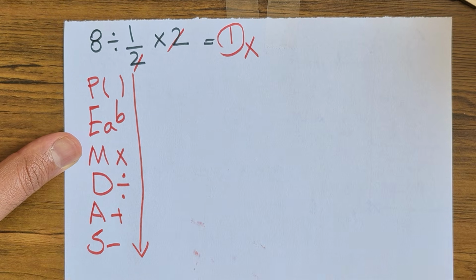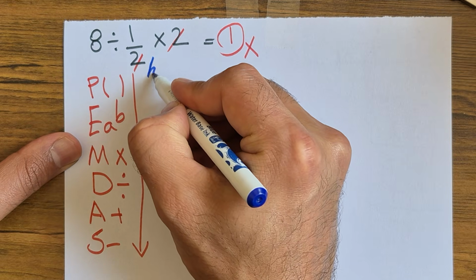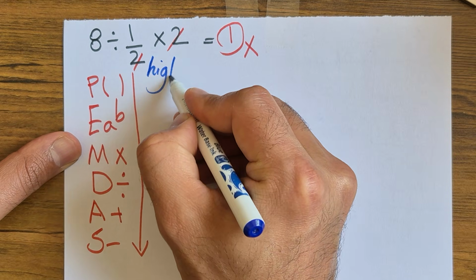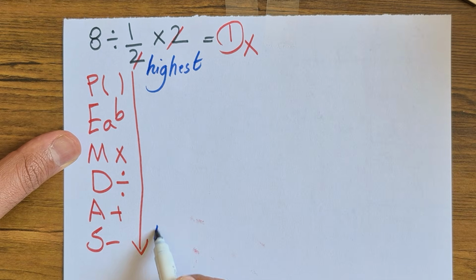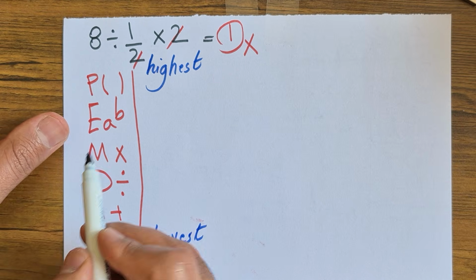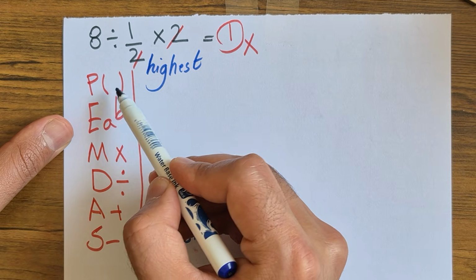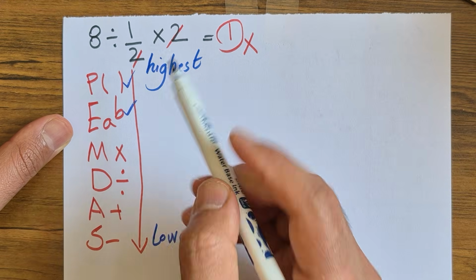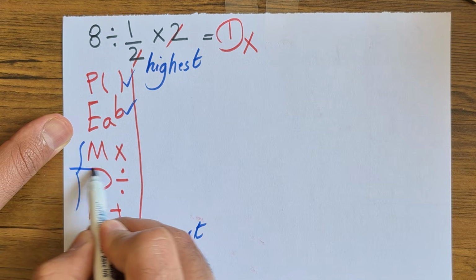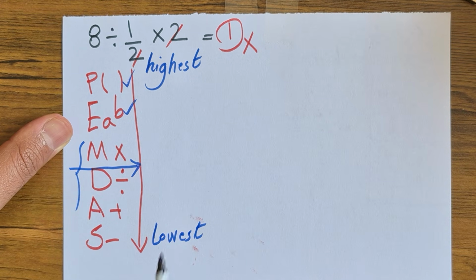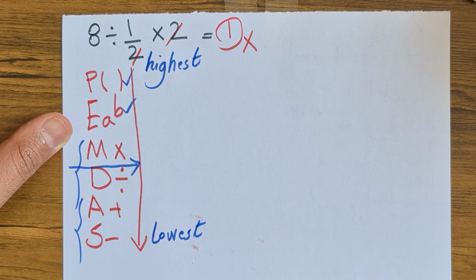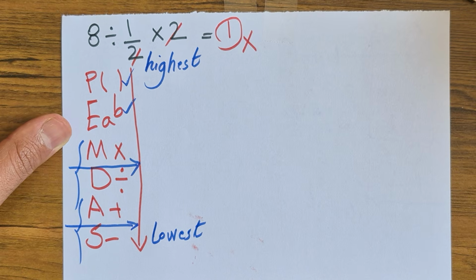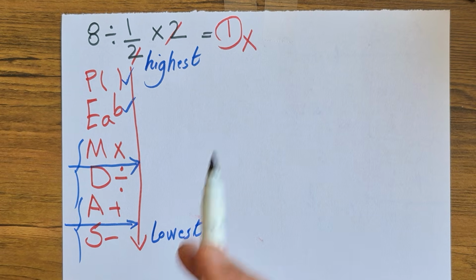And this gives us an arrow of priority from the highest priority, which is the parentheses, to the lowest priority, which are additions and subtractions. So PEMDAS means that you must go for parentheses at first, then exponents, then multiplication and division from left to right, because they have the same priority. And again, addition and subtraction from left to right.